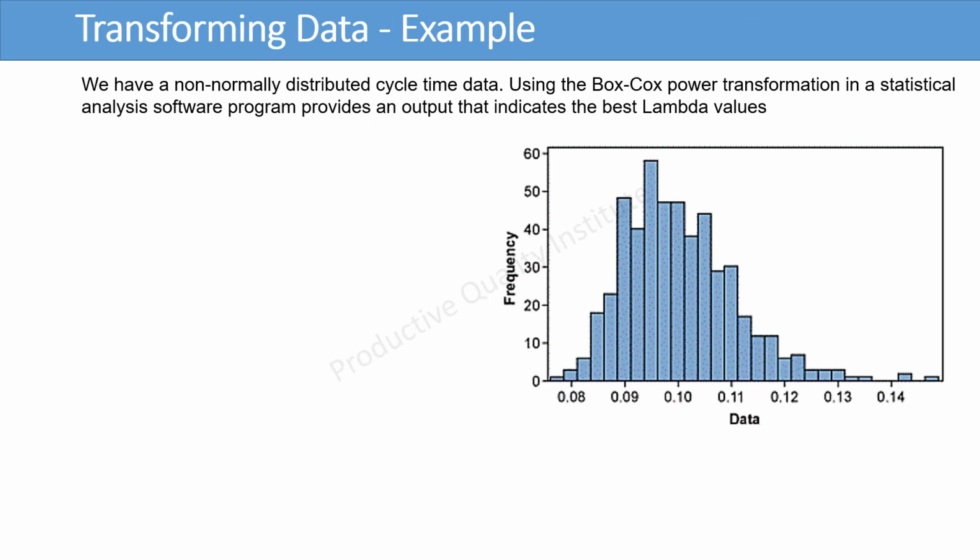Now, we will see an example of transforming data. We have non-normally distributed cycle time data. Using the Box-Cox power transformation in a statistical analysis software program provides an output that indicates the best lambda values.